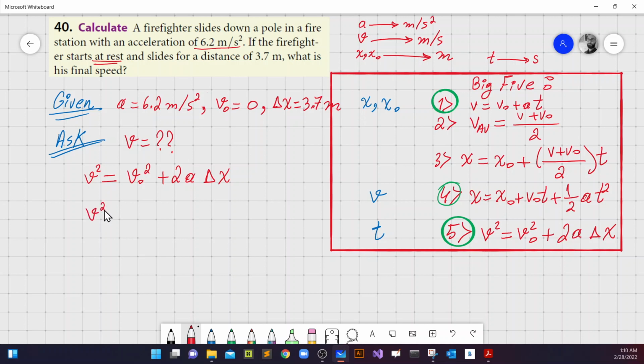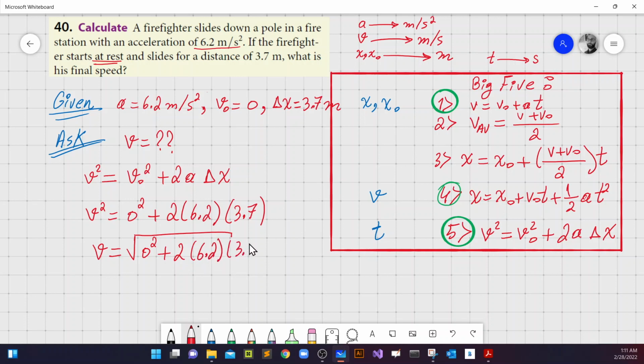Now all the ingredients are ready to use. The final velocity squared equals 0 squared plus 2 times the acceleration, which is 6.2, times delta x. We know that delta x is 3.7. So in order to find the final velocity without the square, we need to take the root of both sides. So the square root of 0 squared plus 2 times 6.2 times 3.7.